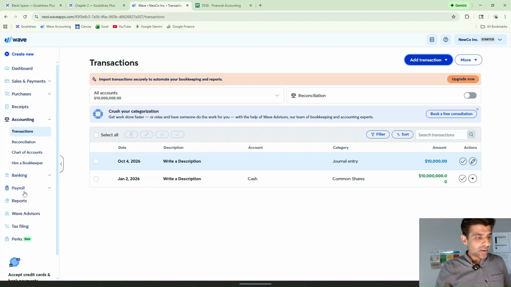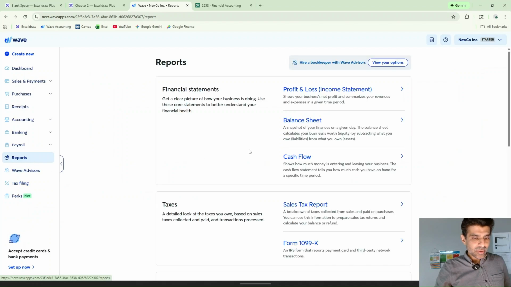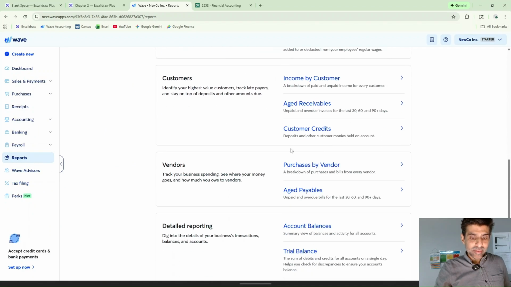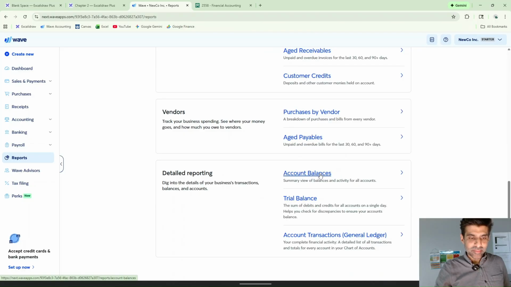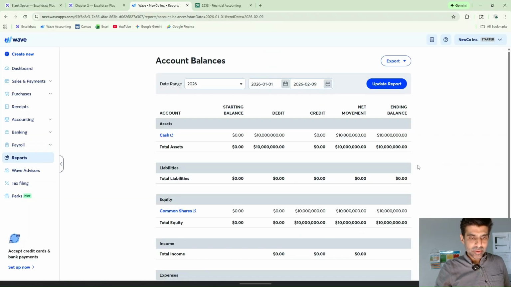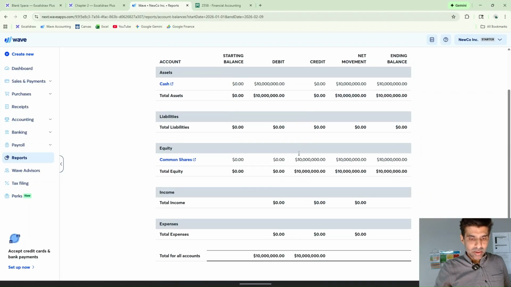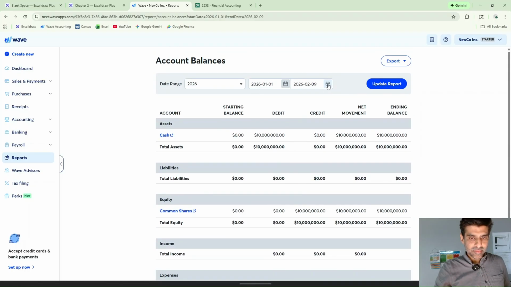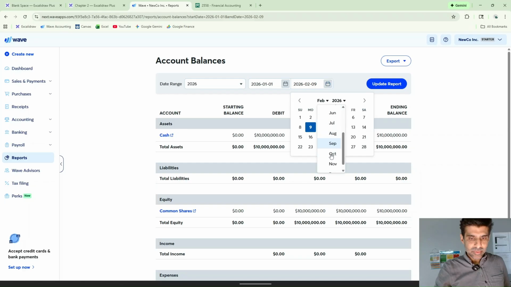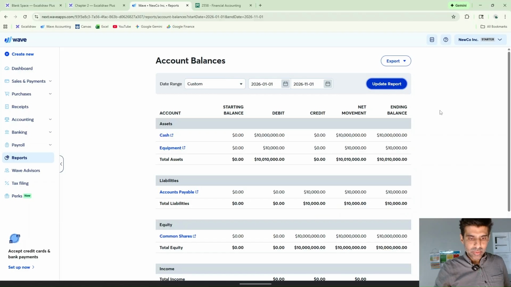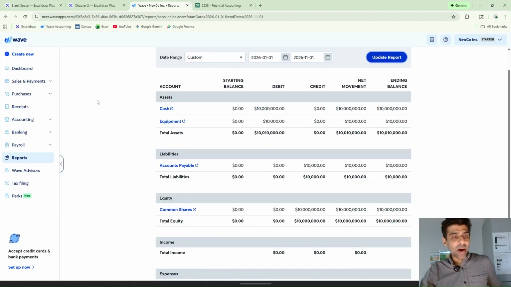If I go to look at my account balances, it's because of the dates. You can see that I now have two assets.